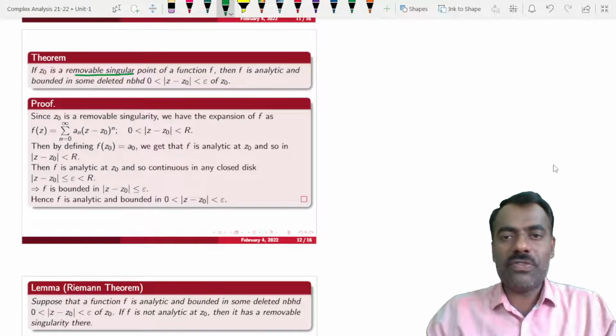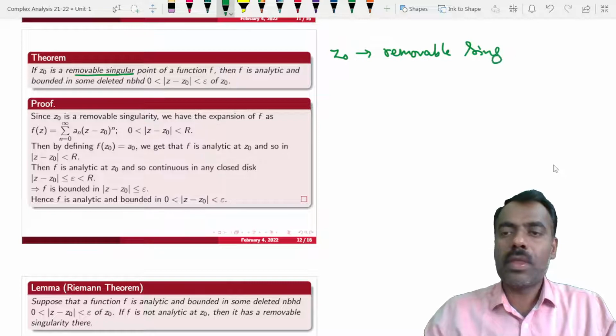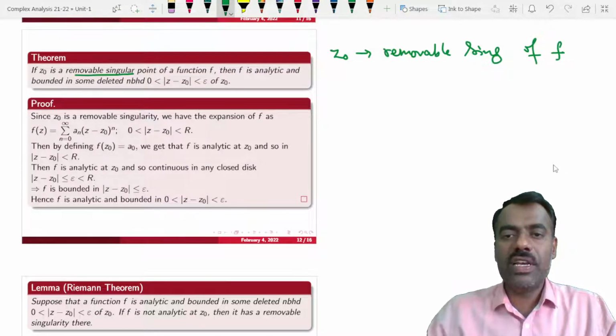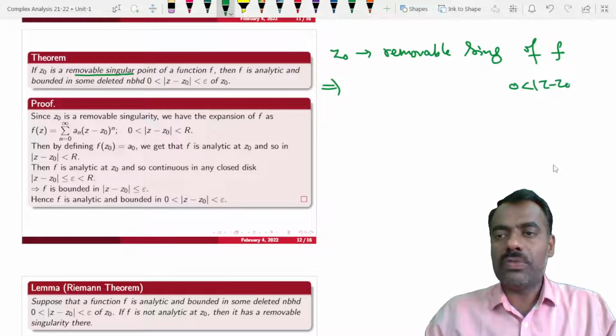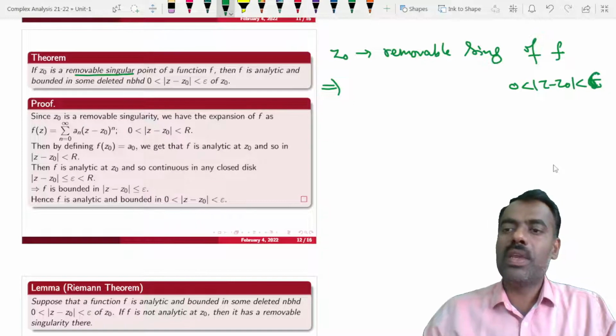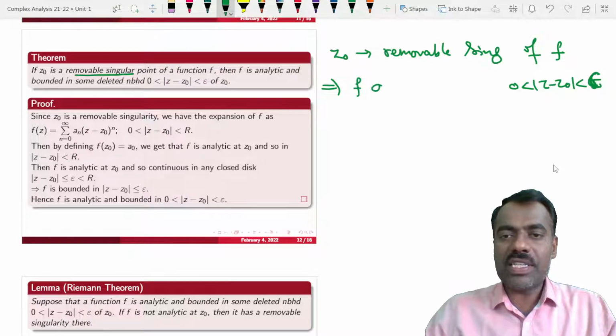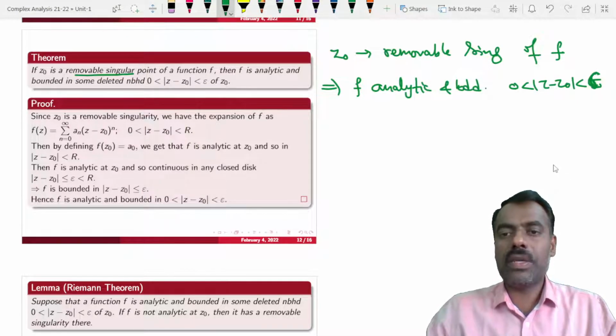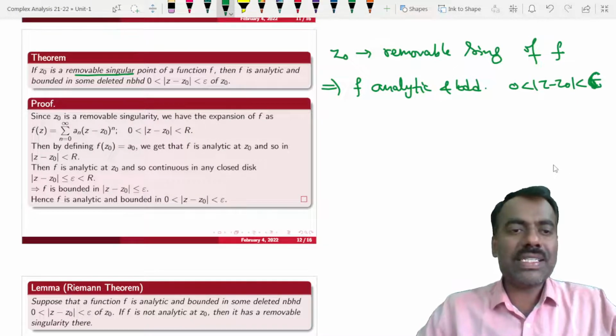So suppose z naught is a removable singularity of the given function f, then we can say that there exists a deleted neighborhood of z naught, you can call it epsilon or delta, no problem, where f is analytic and bounded. Fine, how do we prove this?